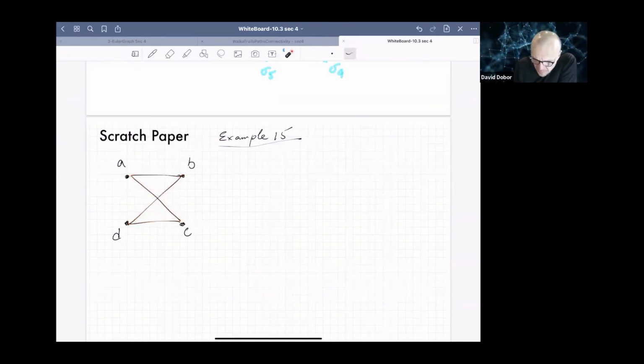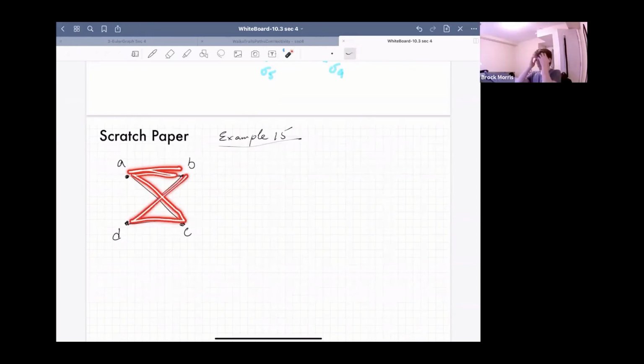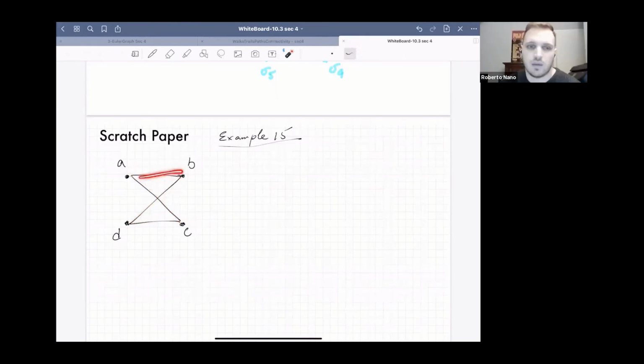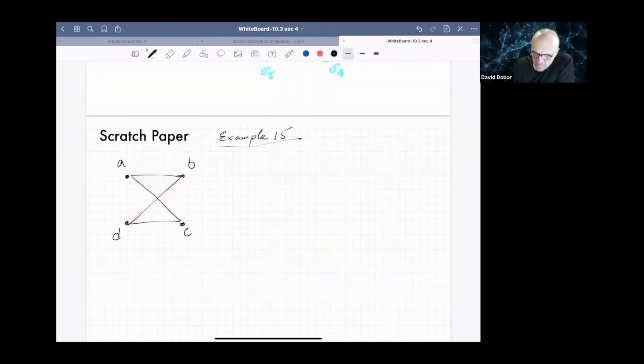But this also counts as a path, this 1, 2, 3. And what else? This 1, 2, 3 also counts as a path. So we've just counted 4. Let's see what happens.